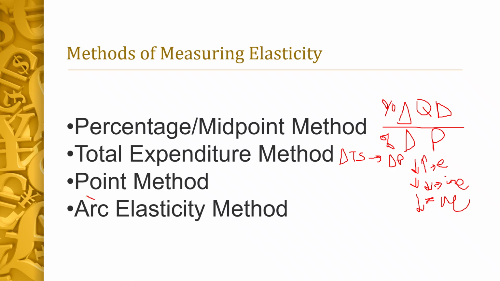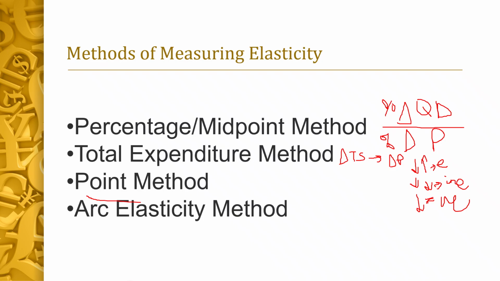Here what we are doing is that we are looking at the price change, right, at a particular point of time. We say that this method is helpful when price changes are very small and the demand curve is continuous. There are key points here.